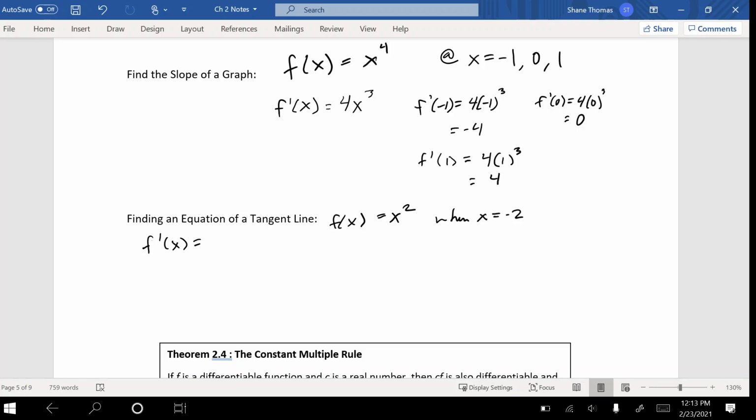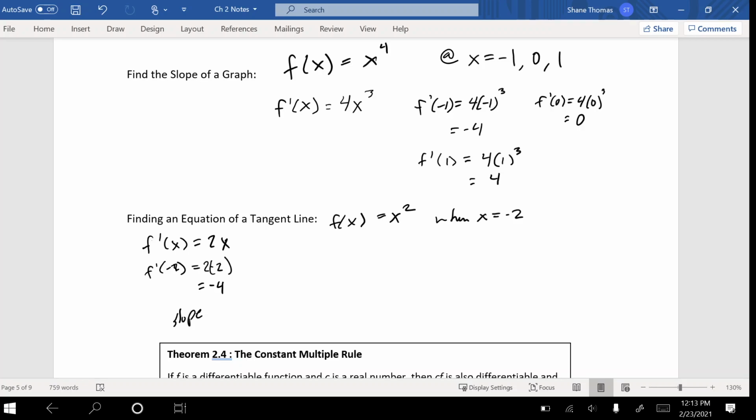Not just x, but 2x. Yep. Technically, it would be 2x to the first, but we don't write first. So it would be 2x. And then if I want to find f prime of -2, because that's the x value I'm worried about, just plug a -2 in. So I have -2 times -2. So my slope is -4. Okay, that's my slope.